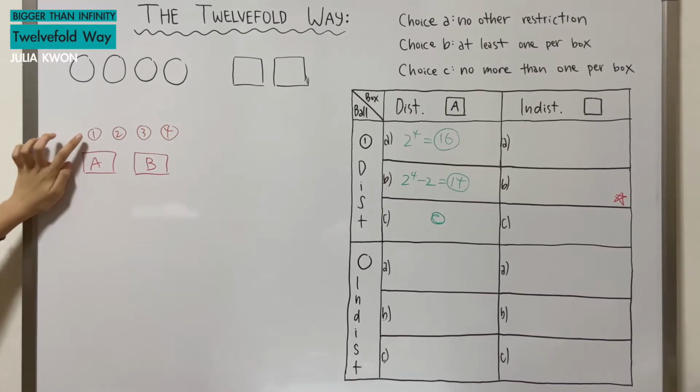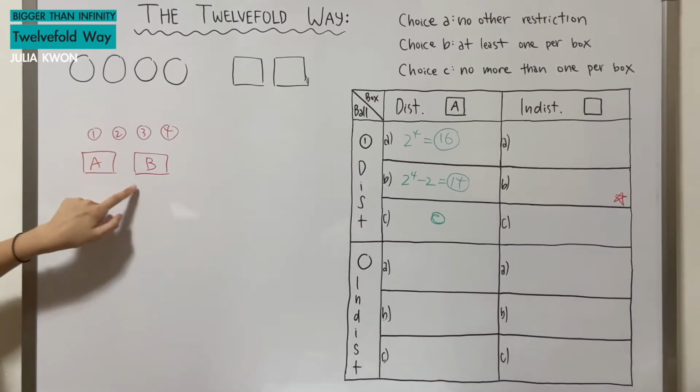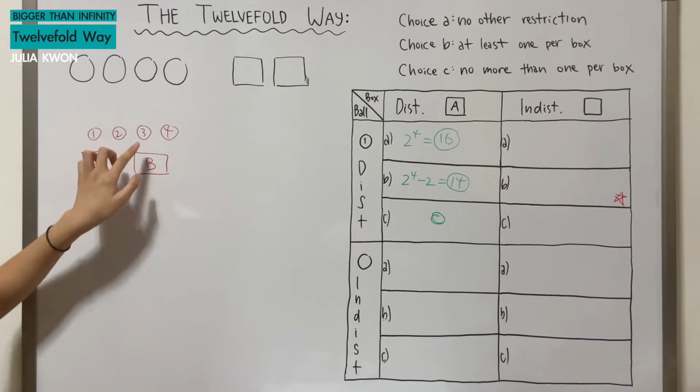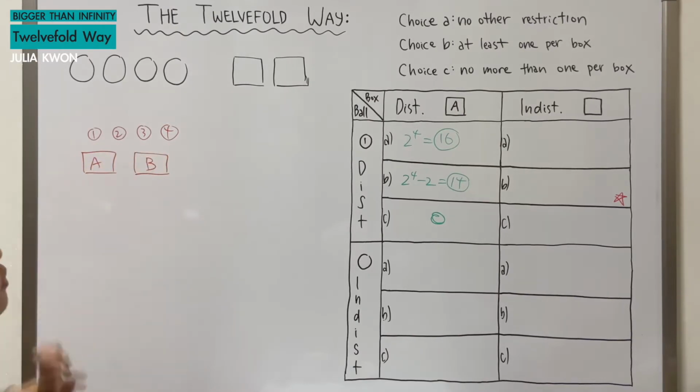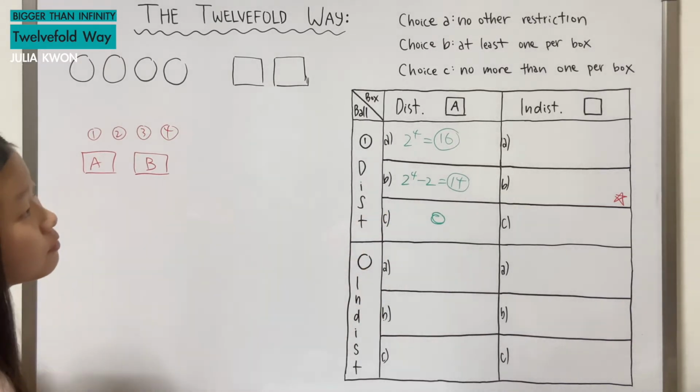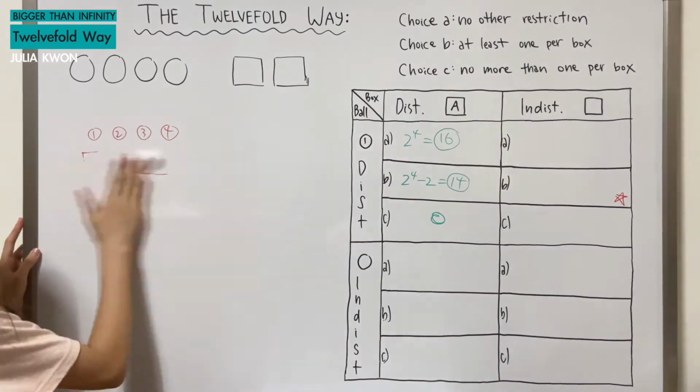So if the first ball goes into box A, and the second ball goes into box B, then the third and the fourth ball have nowhere to go. So there are 0 ways that would fit this column.